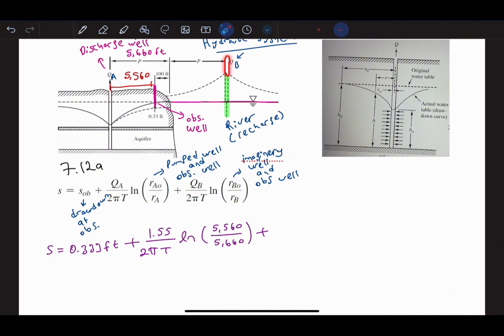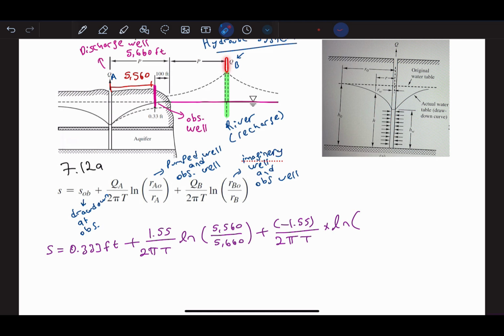This time we have the same flow rate, but since this is opposite, we are going to use minus 155 over 2 pi T, and we have ln.